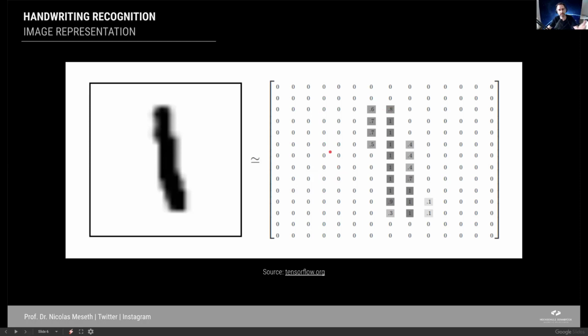In our example data set, we apply this kind of coding, but instead of a decimal number between 0 and 1, we will have a number between 0 and 255, because that's the size of 1 byte. So 255 would be black, 0 would be white, and everything in between is a grayscale.